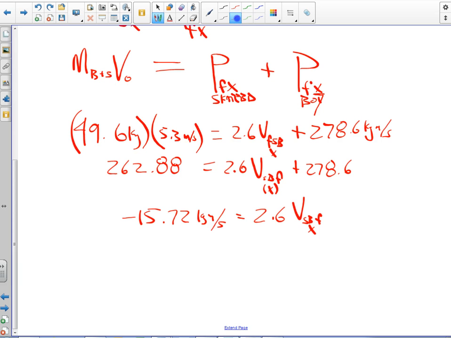Divide by the 2.6, and the skateboard's final velocity is negative 6.05 meters per second to the left, so hence the negative. And that's all in the x dimension, of course.